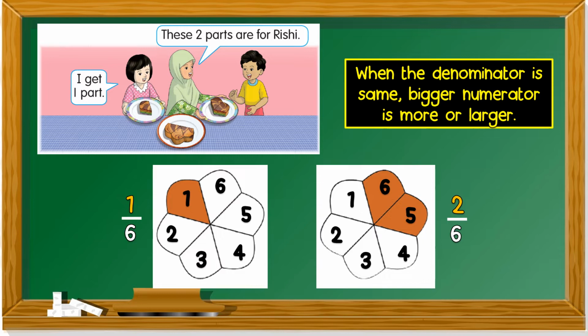Okay, is more or larger. So, if the number below the line is the same, nombor bawah garis itu sama, the bigger number on top means more or larger. Nombor di atas kalau lebih besar, maksudnya dia lebih banyak ataupun lebih besar. So we compare 1/6 and 2/6. 2/6 is more or larger.